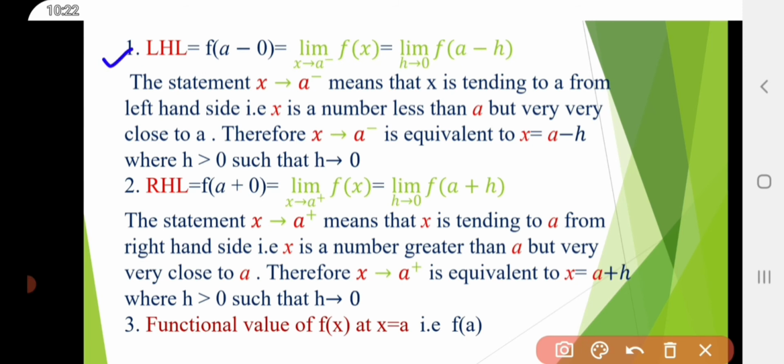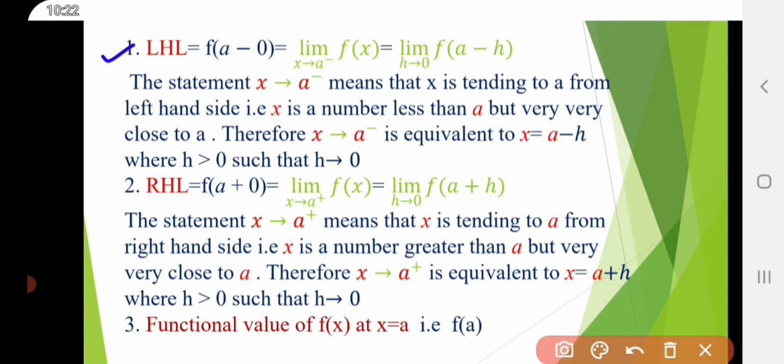Now left hand limit, LHL, we can write f of a minus 0 is equal to limit of f of x while x tends to a from left hand side, which is equal to limit of f of a minus h when h tends to 0. Like this we can write for LHL.